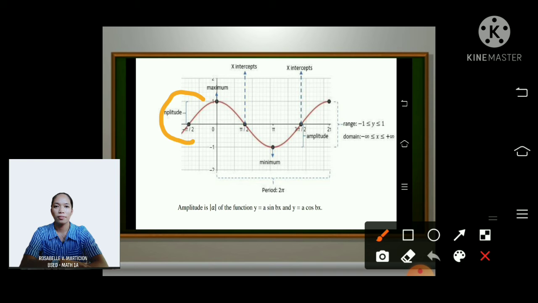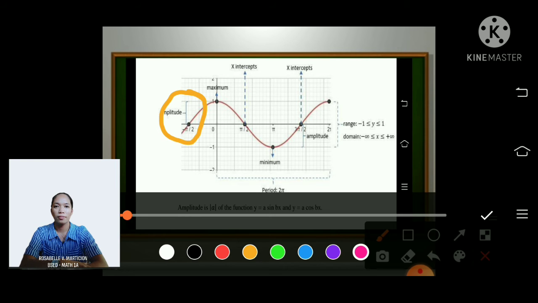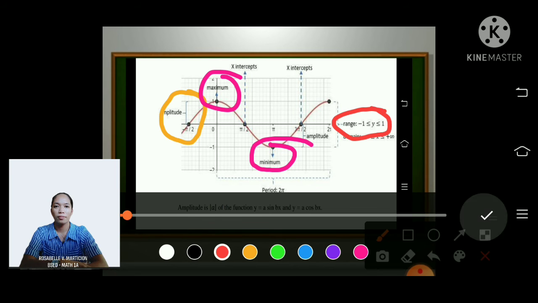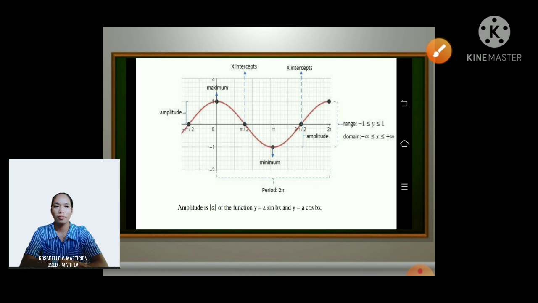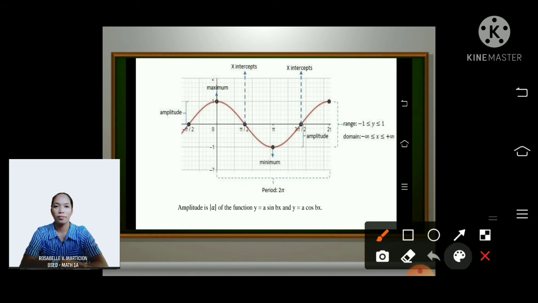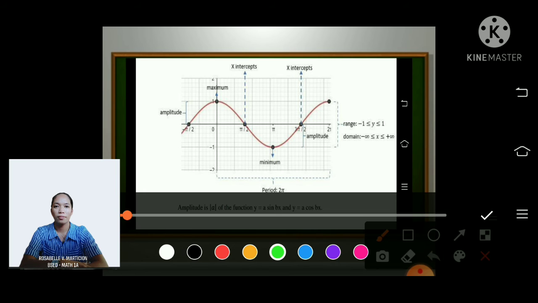And the range of this graph is negative 1 to positive 1. And the domain is negative infinity to positive infinity.